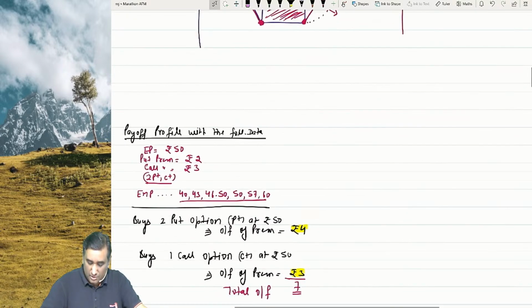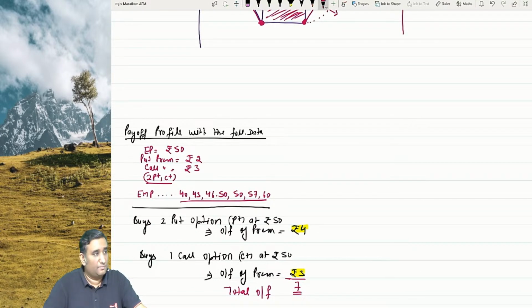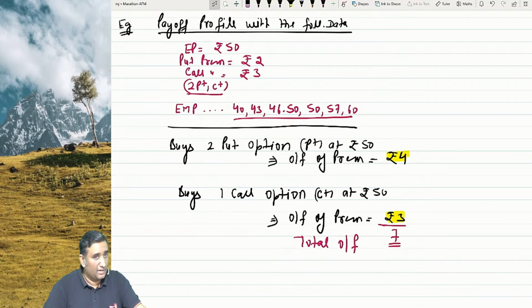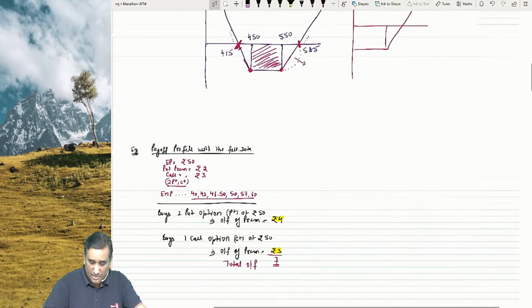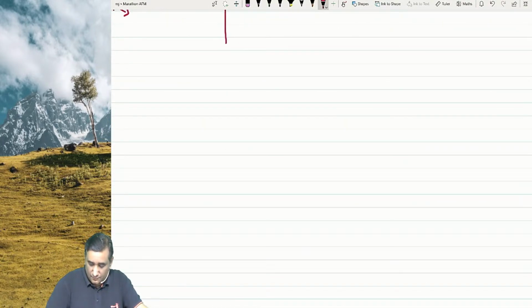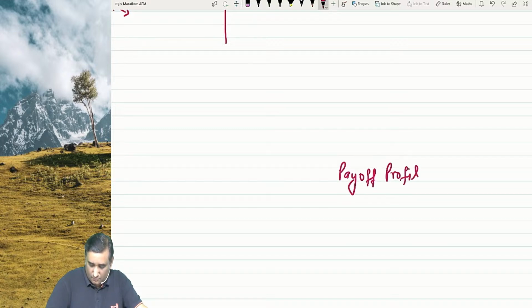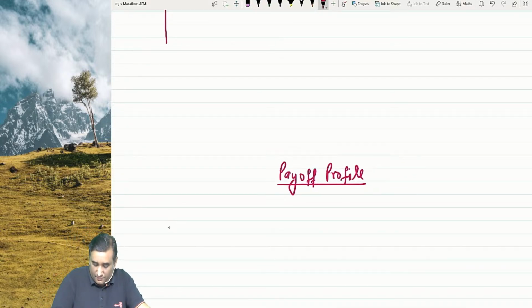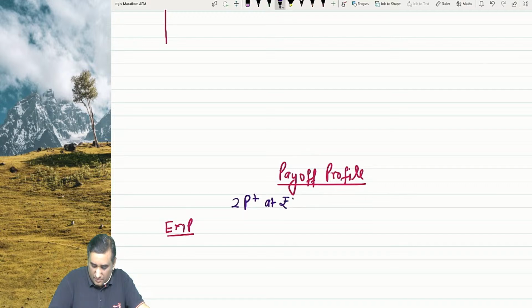Presentation now. How do we do it? We write payoff profile. Can I move forward? Total outflow is 7. It's called initial outflow. So I make my payoff profile. We have expected market price, 2P plus at rupees, cost of.